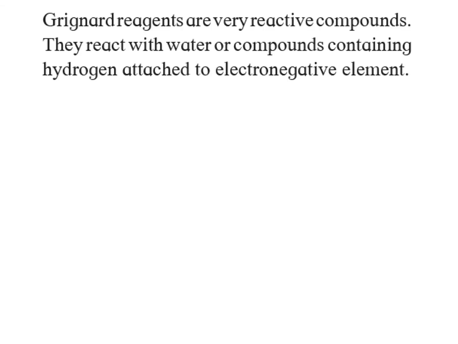Grignard reagents are very reactive compounds. Hence, these reagents are very useful in synthesis of many organic compounds. They react with water or compounds containing hydrogen attached to an electronegative element.